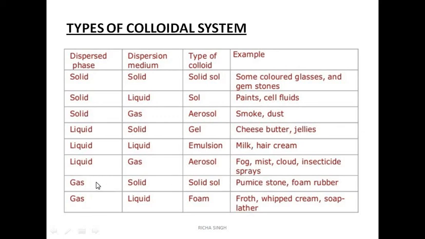When a gas is getting mixed in solid, then it is a solid sol, like pumice stone and foam rubber are the examples. When gas and liquid is the combination, then it is a foam, like whipped cream, soap lather and froth. These are the examples. So please learn two examples of each.